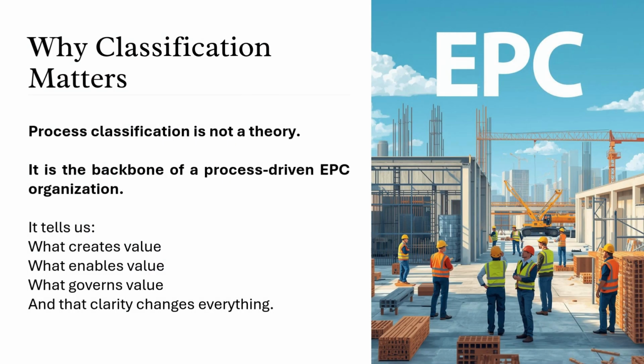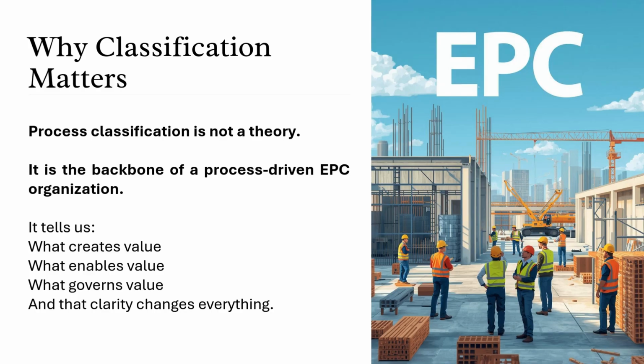By the end of this episode, you will get clarity on how helpful process classification is. First, let us understand in brief why classification matters. It gives absolute clarity on what really drives the business. Leaders understand where to focus for performance, what to measure, and what to strengthen.